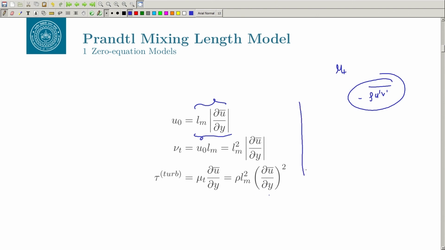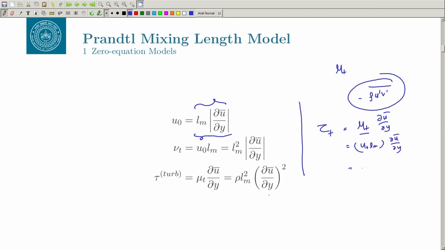So your turbulent stress, or the Reynolds stress, will basically be mu t del u bar by del y, and mu t is further basically u0 Lm, and u0 is nothing but Lm, absolute del u bar by del y.